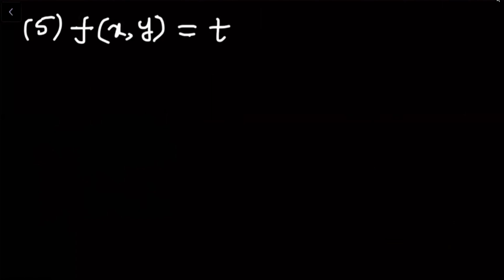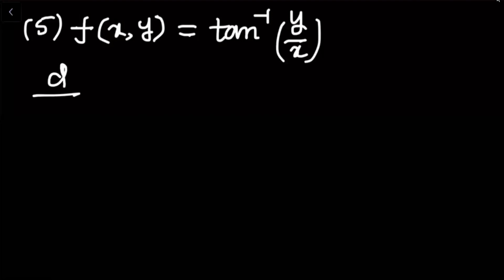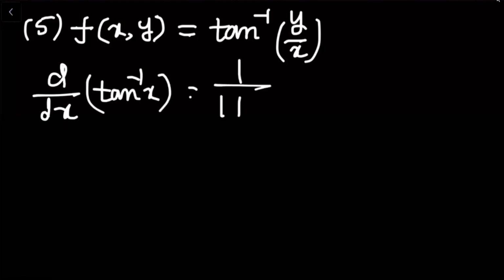Now let us see the fifth problem. f(x, y) = tan⁻¹(y/x). Let's see the derivative of tan⁻¹ x first of all. The derivative of tan⁻¹ x is 1 upon 1 + x², right?